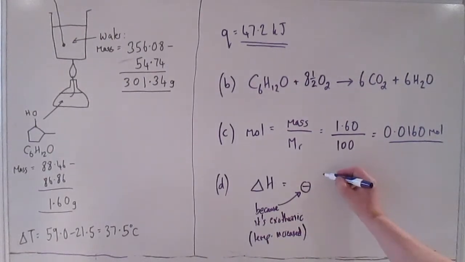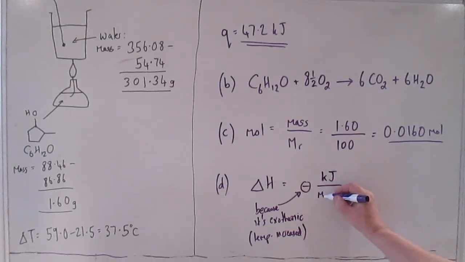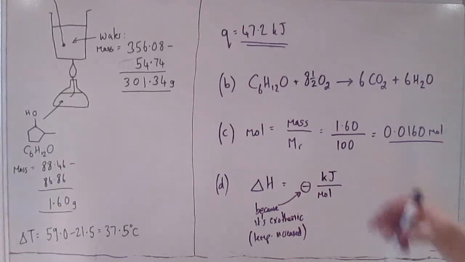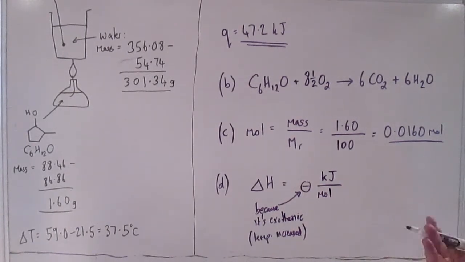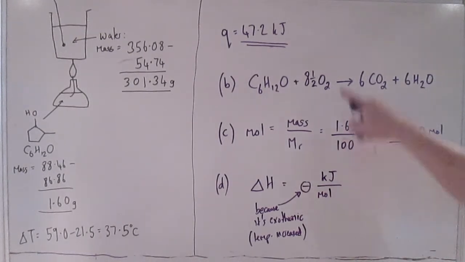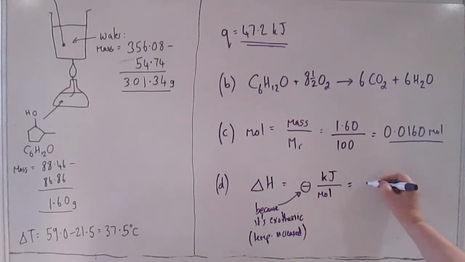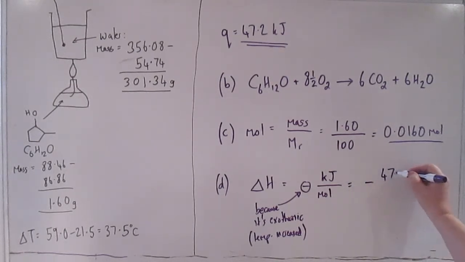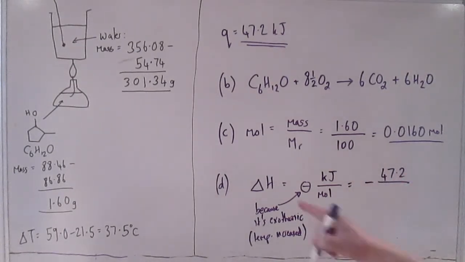And delta H is minus, you can get it from the units because you know it's going to be in kilojoules per mole, which is just kilojoules divided by moles. If you think of it like that, it makes it very easy to get the definition right, because you're basically just repeating the units. But you think, right, what's the number of kilojoules? Well, we've worked that out. So it's minus 47.2 divided by the number of moles.